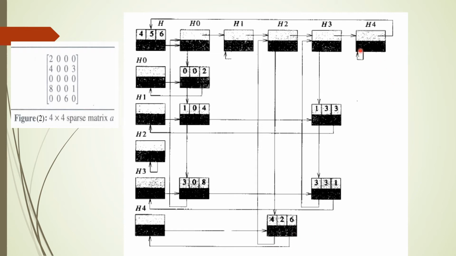Here this is pointing to the same header node, because there is no column number 4; column numbers are 0, 1, 2 and 3, so it is pointing to itself. Okay, so this way we can represent the sparse matrix using a linked list concept.